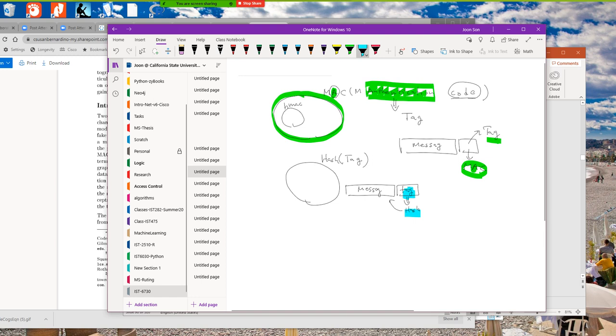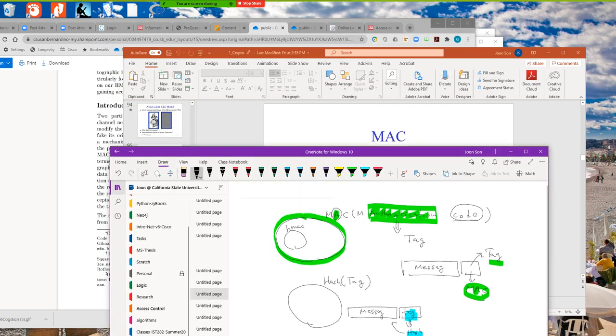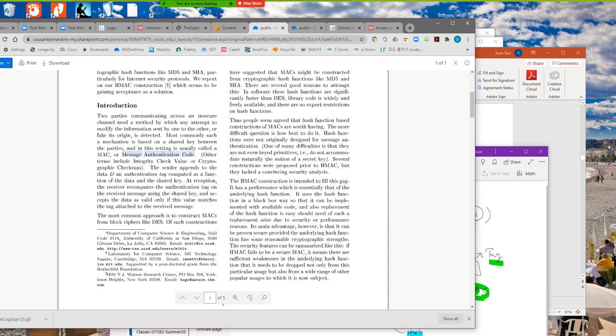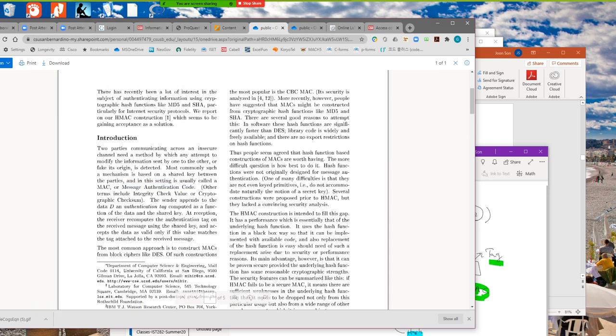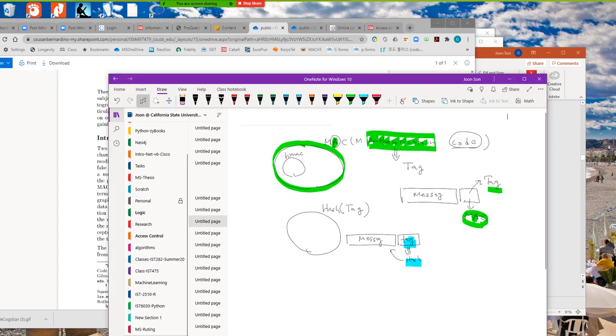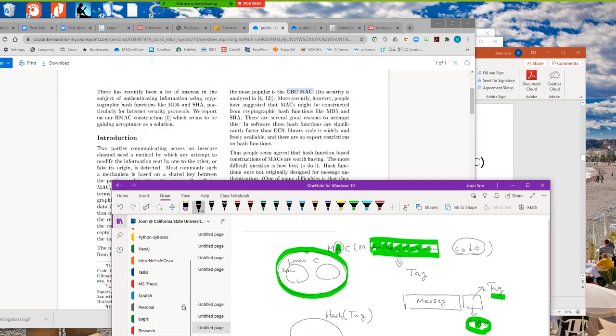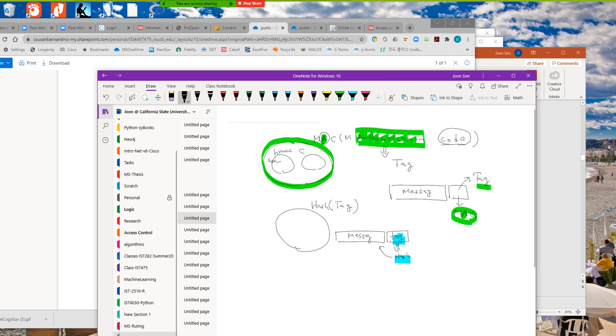And then there are many different MACs. HMAC, or, as shown in this paper, the CBC MAC. So HMAC uses the hash functions, but there's another type of MAC called CBC MAC.